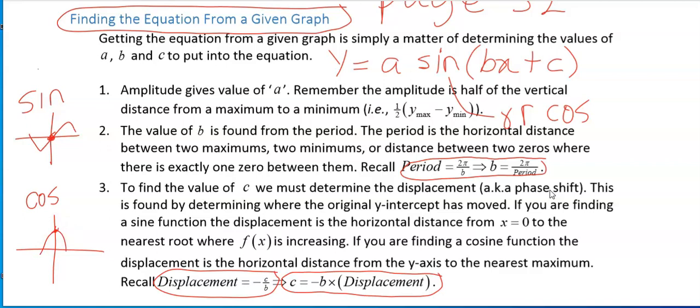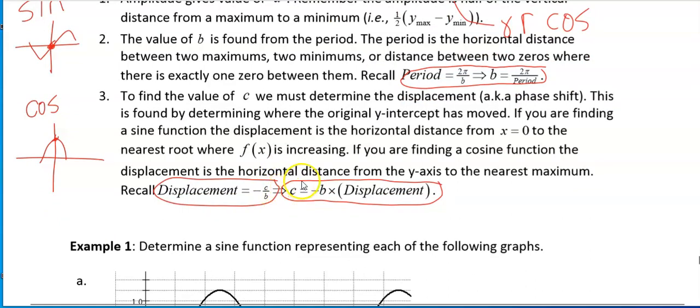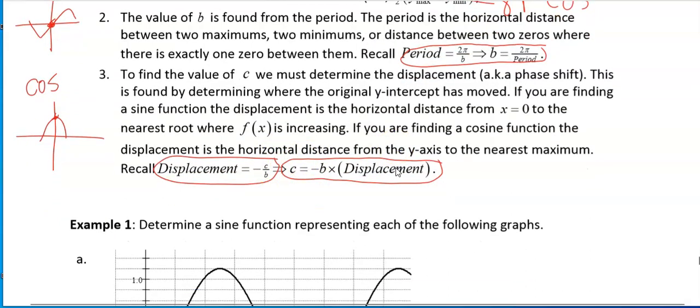So those are the points you're going to be looking for on the graphs. Either a point that's exactly halfway up the graph, like an x-intercept, but it's got to be on the positive slope. That's what you look for with sine, or you look for a maximum for cosine. And then you set that displacement equal to negative c over b, and you can get your c.